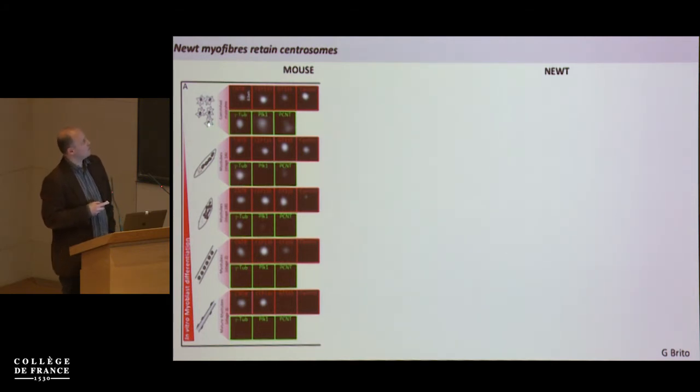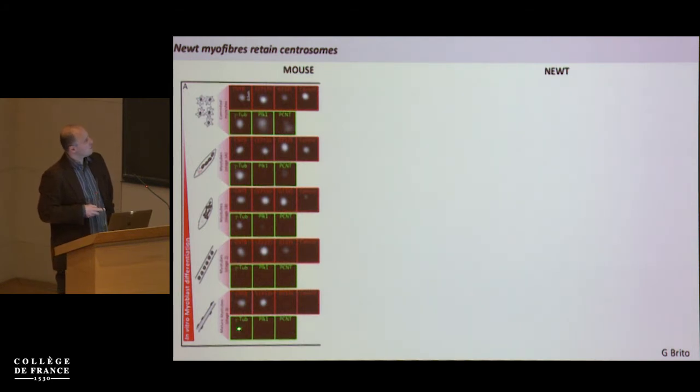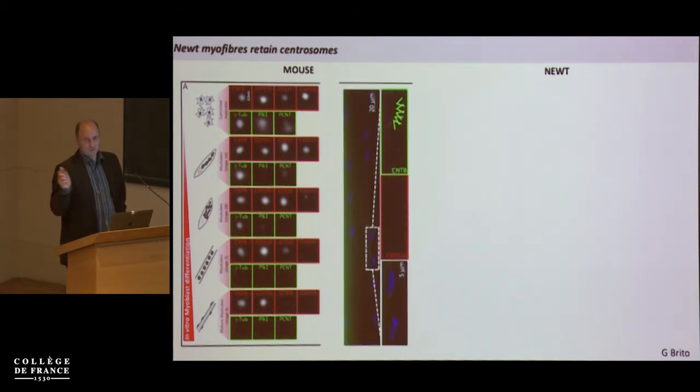There are a couple of examples: centriolin, pericentrin, SEP135, and so on, gamma tubulin, of course. In vitro, some of the markers are still expressed, but when we look at the fibers, then everything is gone.